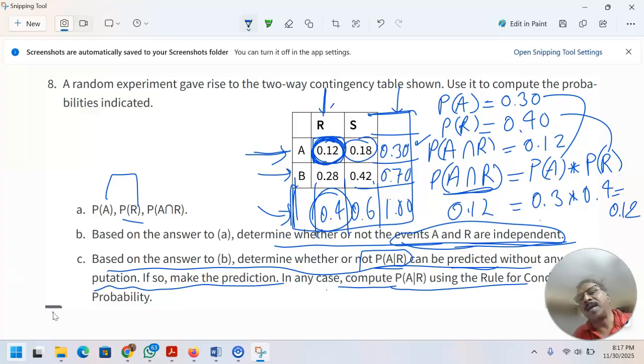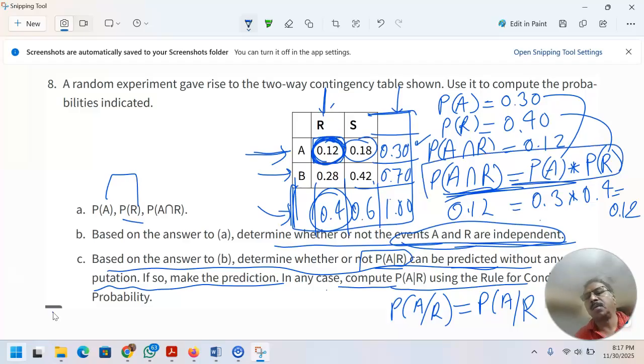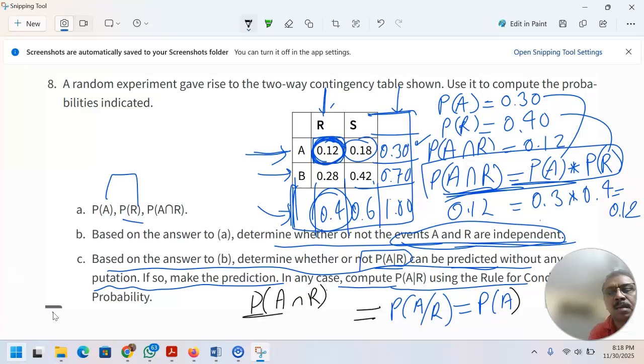We can easily know that, because they are independent, it's quite obvious that the probability of A when R is the same as the probability of A. But they still want us to check with the help of the formula. So by formula this is the probability of A and R divided by the probability of R.